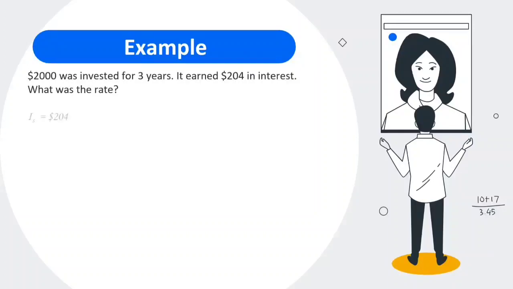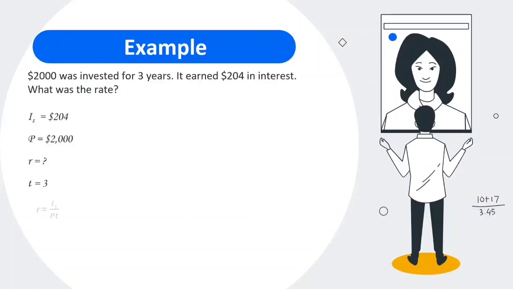IS is given, which is $204. P, or the principal amount, is also given, which is $2,000. Now, this time we're looking for R, or the rate of interest. And then we have the value for T, or the term, which is 3 years.